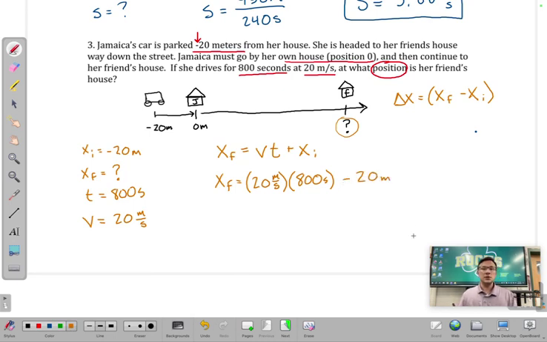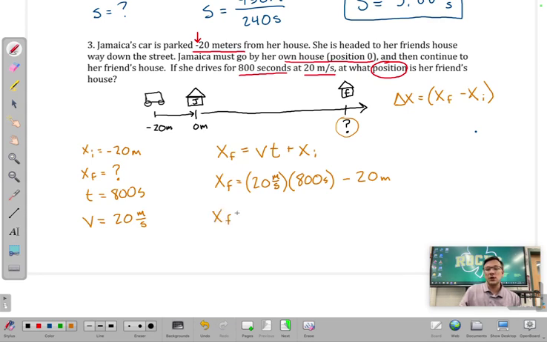So the key here is to understand that while Jamaica moves for 800 seconds at 20 meters per second, we have to account for the fact that she did not start at 0 meters. She starts behind the finish line. So her final position relative to her house is not simply going to be 20 times 800.